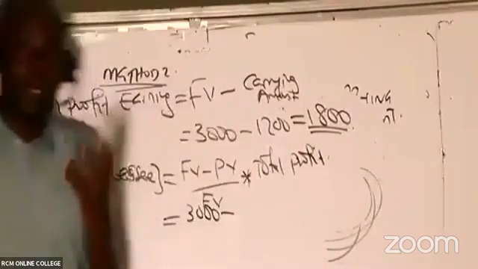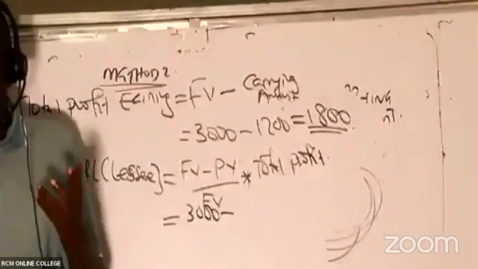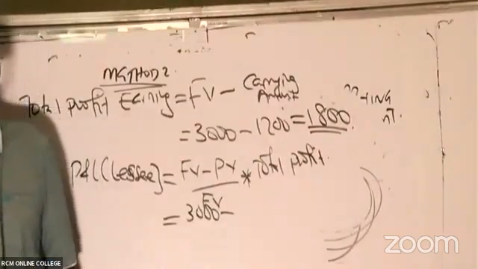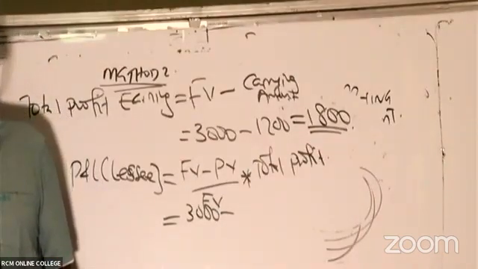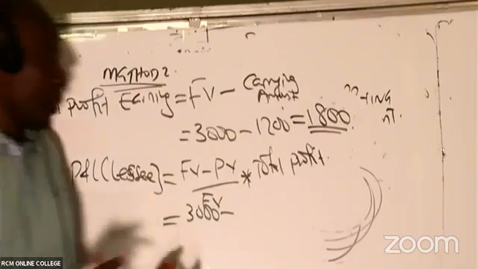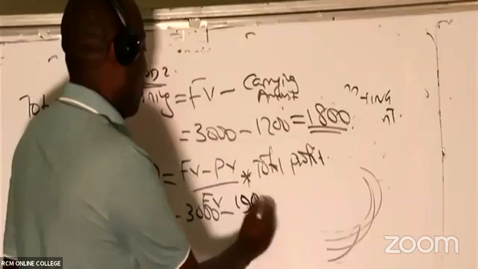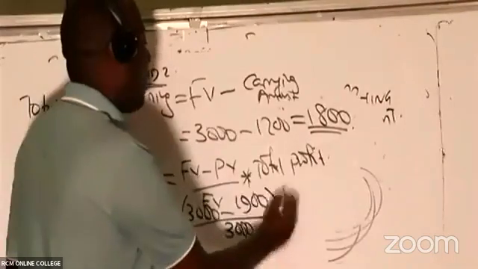Is there somebody who is able to remember the present value? 1,900. So 1,900 out of the fair value, which is 3,000.